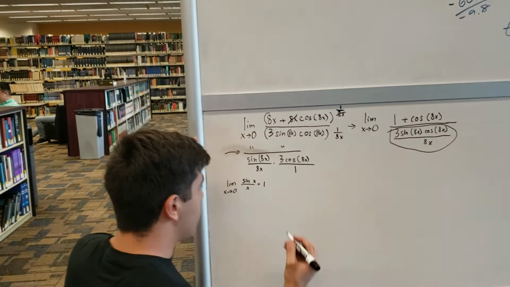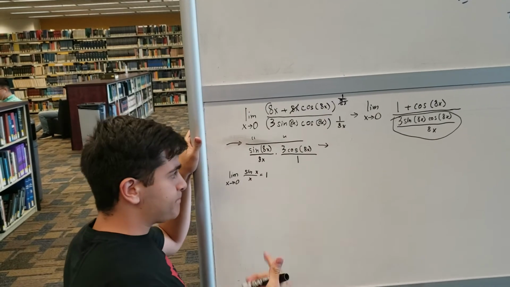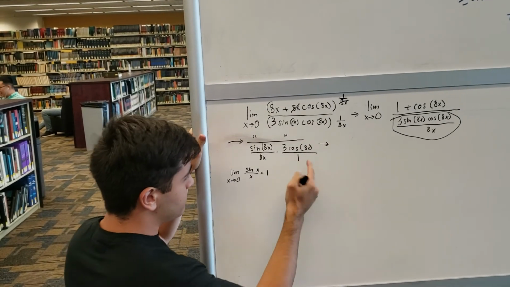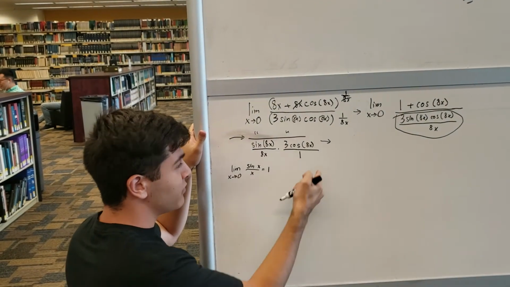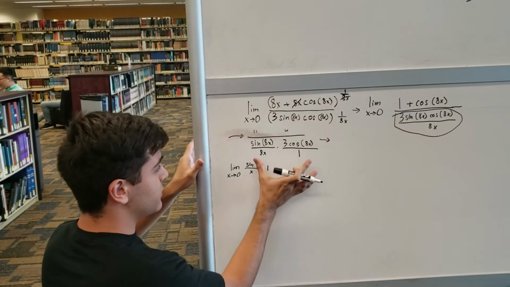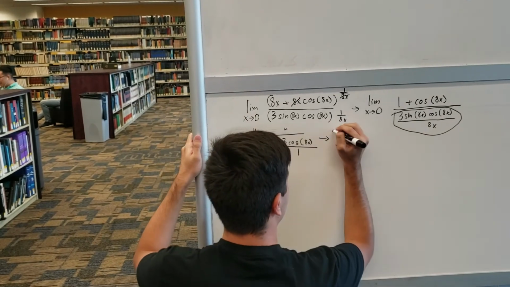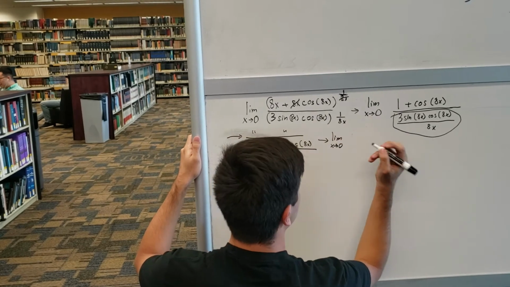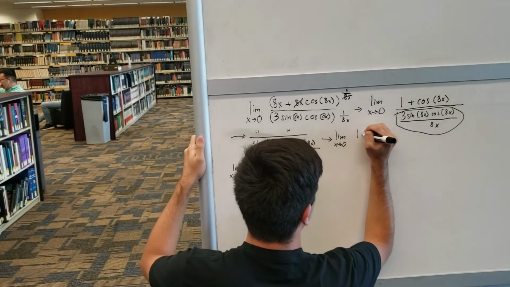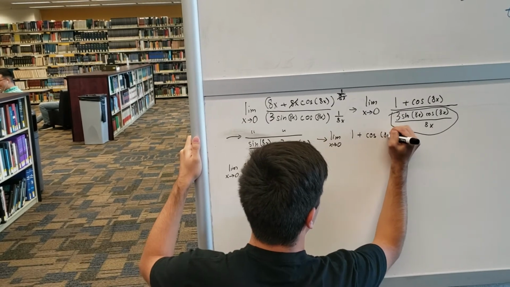So now, this time I'm going to write out the denominator. First of all, 3 cosine of 8x over 1. We don't really need that over 1, but I just want you to see that there are 2 fractions that we just made. So now, we have the limit as x approaches 0 of this stuff, cosine of 8x.